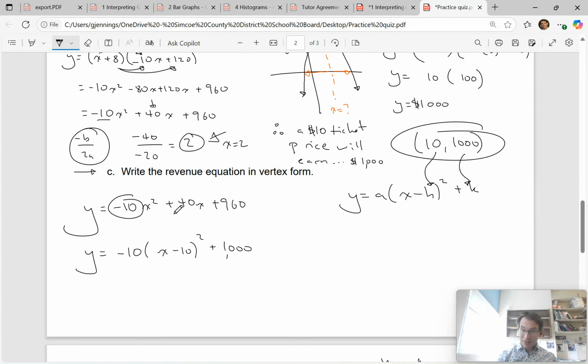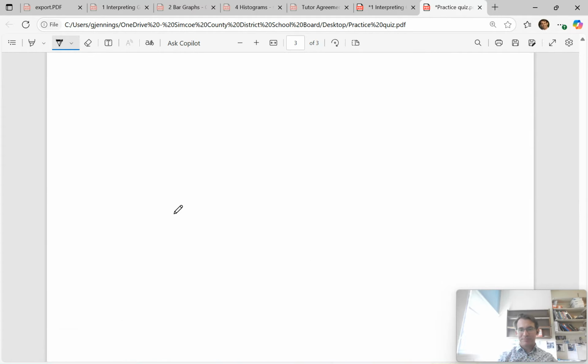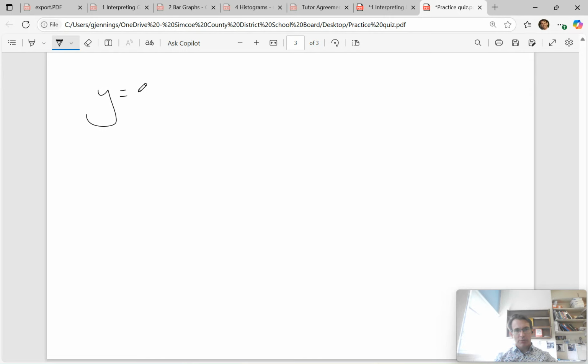Last way we could do this is by completing the square. I'll show you. Y is equal to, we're going to start from standard form, minus 10x squared plus 40x plus 960. This was our equation in standard form.